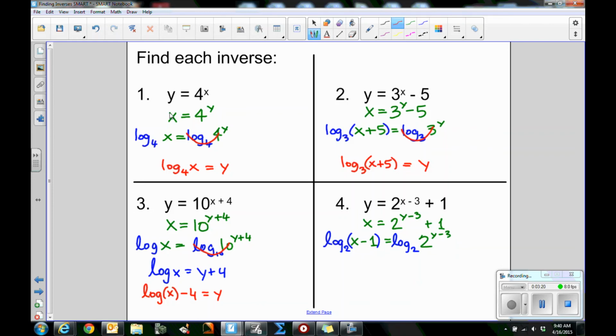That allows us to use an inverse property. And last step, add 3 to both sides, which will be automatically outside of the argument of the logarithm.